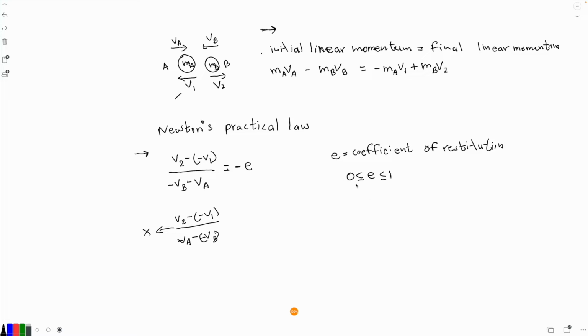And e lies between these two values. Applying this law, we can get the relationship between velocities and find the given unknown velocity. So conservation of linear momentum and Newton's practical law are normally used in problems.